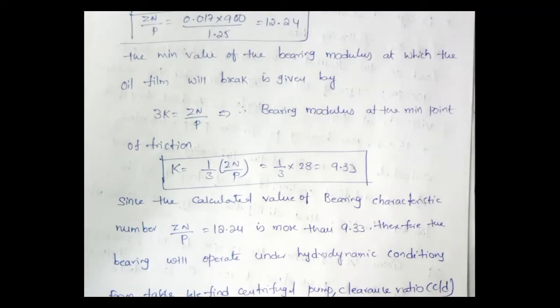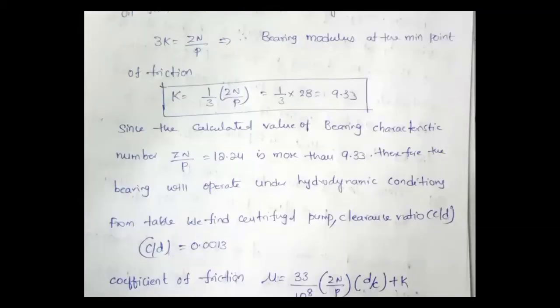Because in a sliding contact bearing, in the McKee investigation, we have two cases, so you have to justify those two cases based on this conclusion. So it will be operating on hydrodynamic considerations.